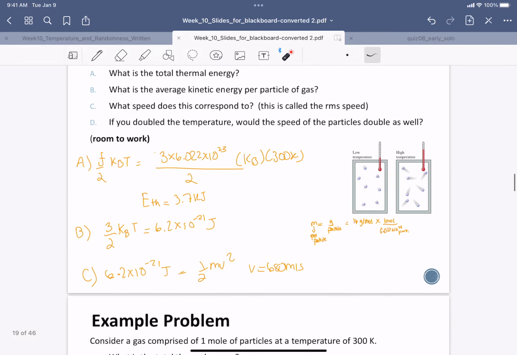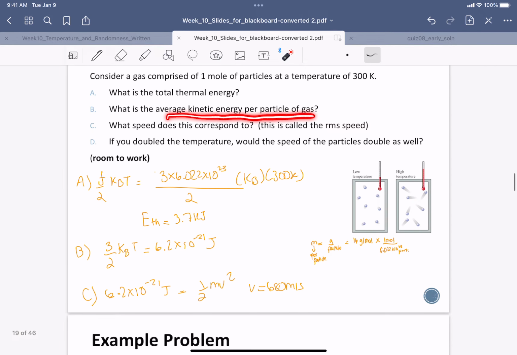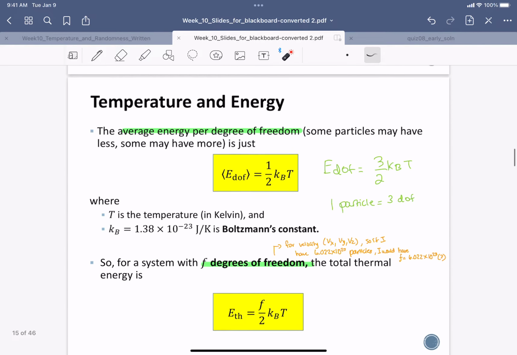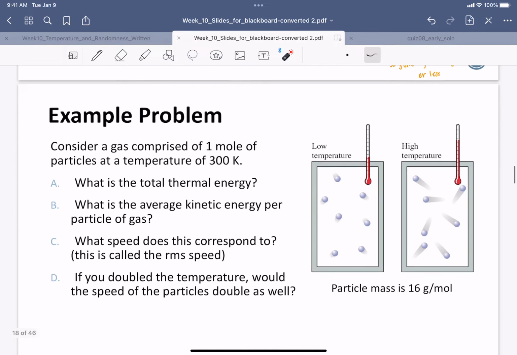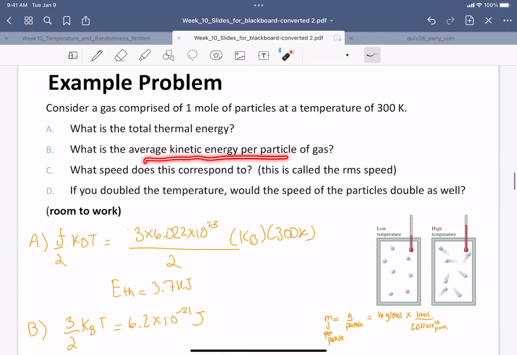And so then I multiply that by kBT divided by 2 to get my total thermal energy. If I did my average kinetic energy per particle, well, I know that each particle has 3 degrees of freedom, so it'd be 3/2 kBT that I'm looking for. Because remember, here they said the average energy per degree of freedom, but what they're asking for here is the average kinetic energy per particle.